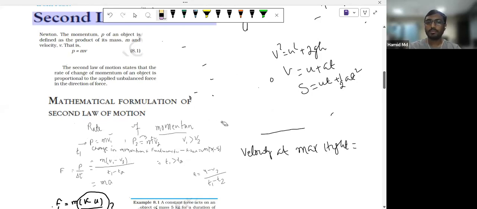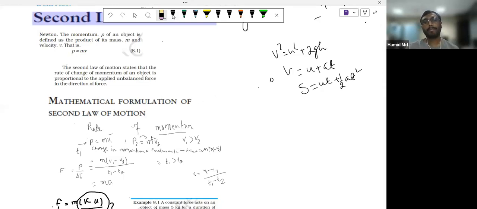Suppose a car is moving with velocity of 30 kilometer per hour. We apply a brake for 5 seconds and the speed goes to 0. Situation is clear? A car is moving with speed U naught, say 40 kilometer per hour.